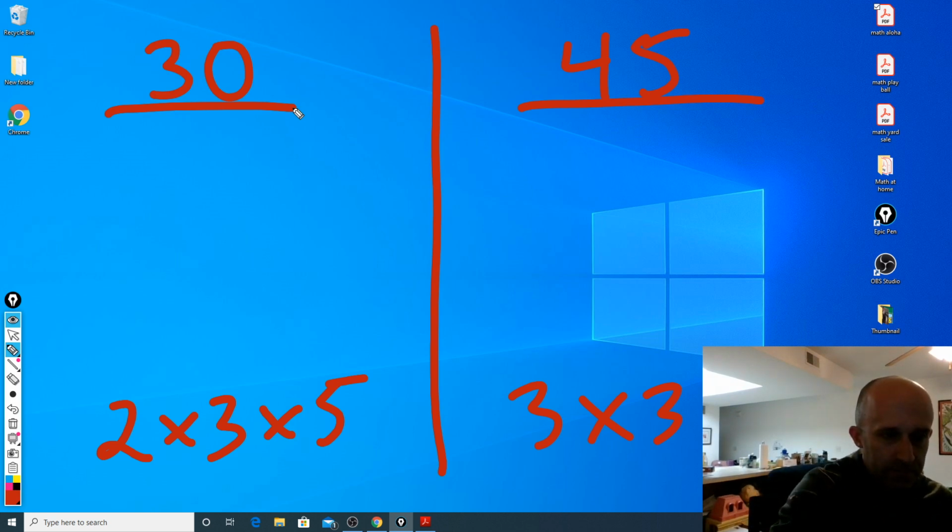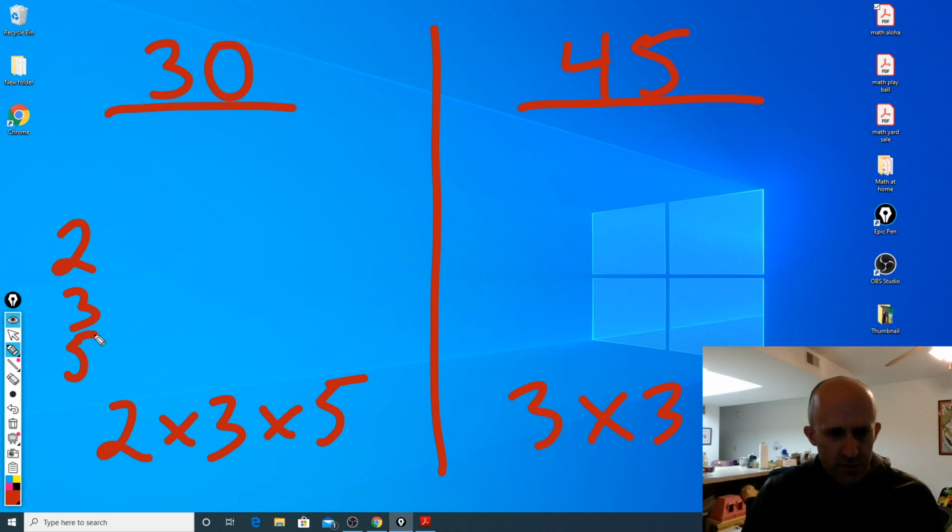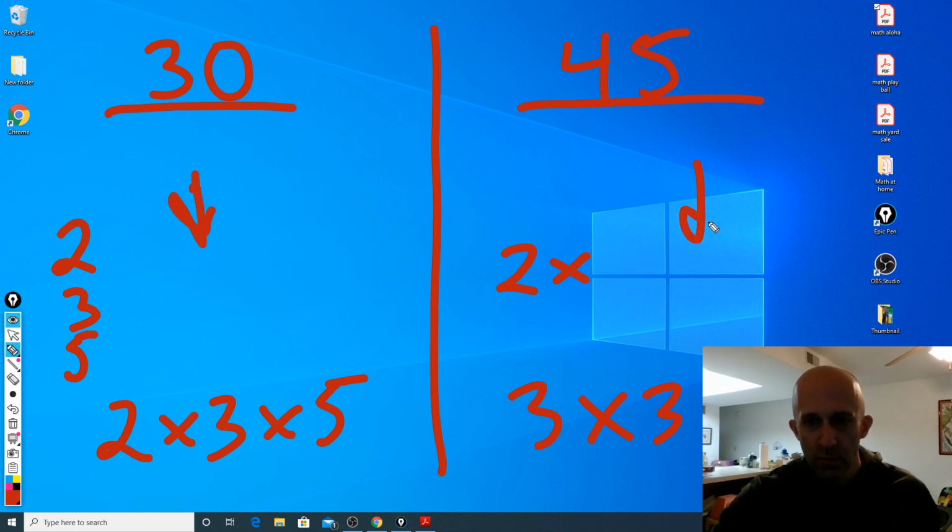We know that we see a 2. We know that we see a 3. We know that we see a 5. So what is the greatest number of times you see 2 in one of the numbers? Well, it's just one time. So it's 2 times. What's the greatest number of times you see 3 in either 30 or 45?